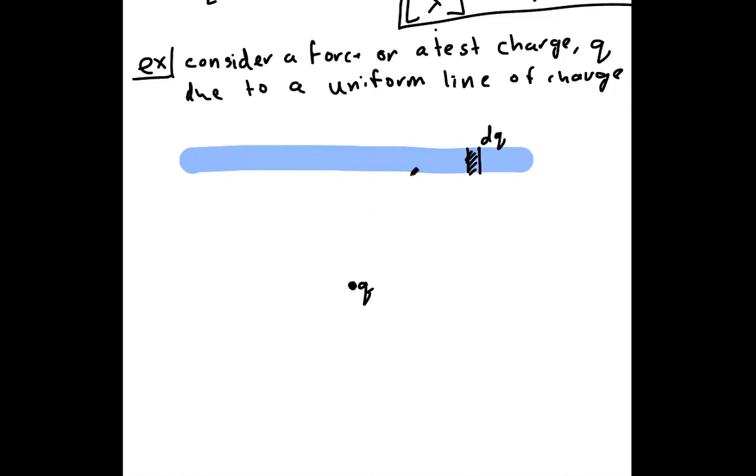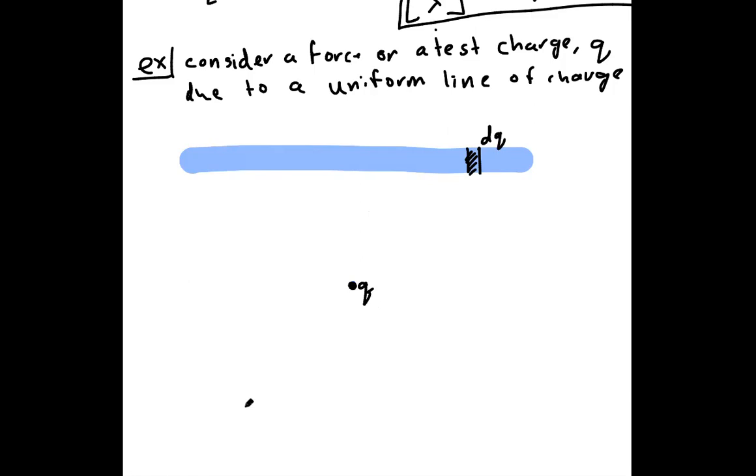All right, so what we do in this problem is we take each of these little fragmental pieces, dq, and we find the force that they exert on Q. And then we sum up all of those forces vectorially, and then we can find the net force on that charge.